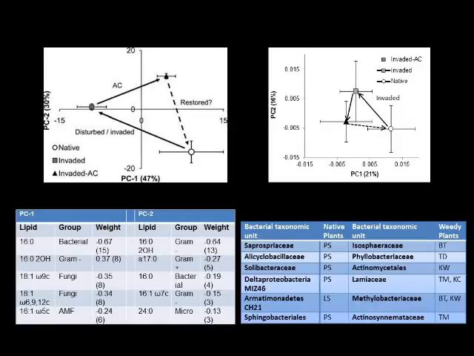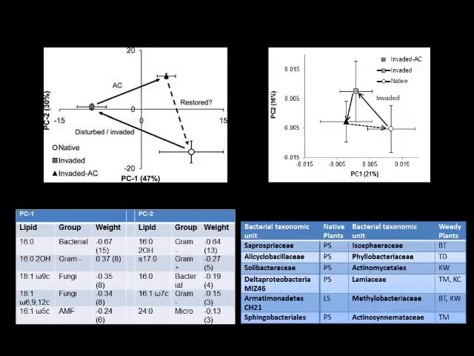In general, they suppress total microbial activity and abundance, but they do increase the abundance of a few particular lipids. And then when we add activated carbon, it also reduces the microbial community, but it particularly reduces a few of the lipids associated with weedy plants.